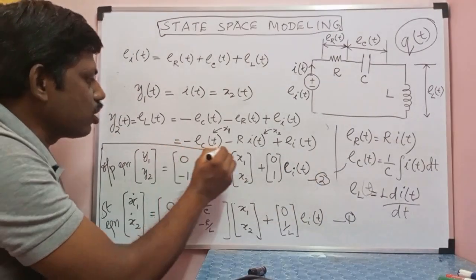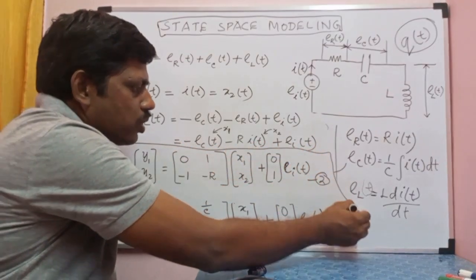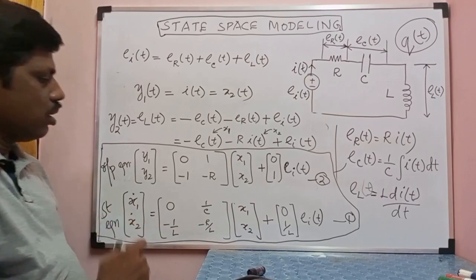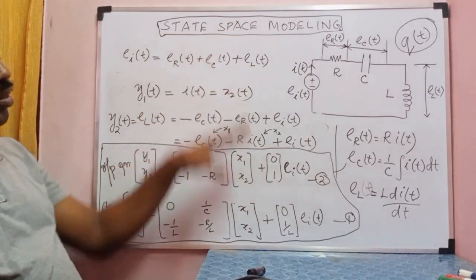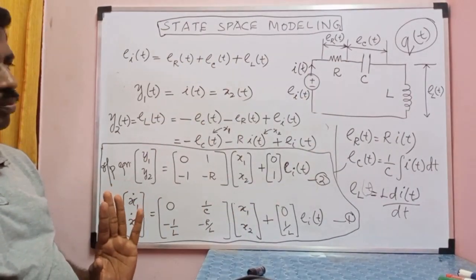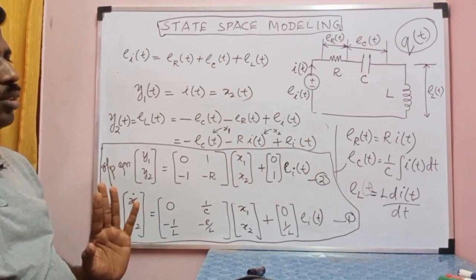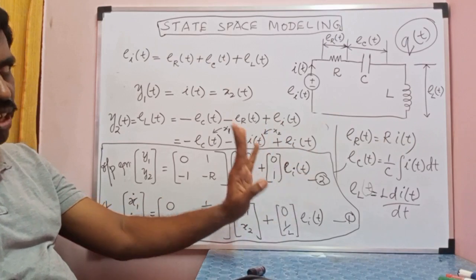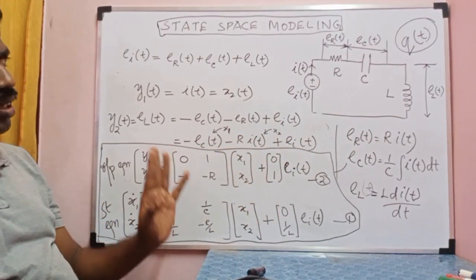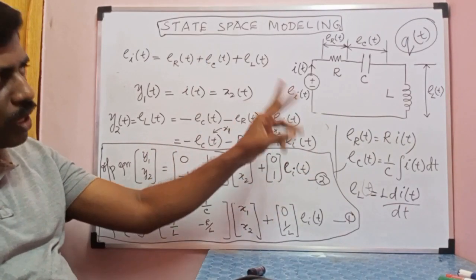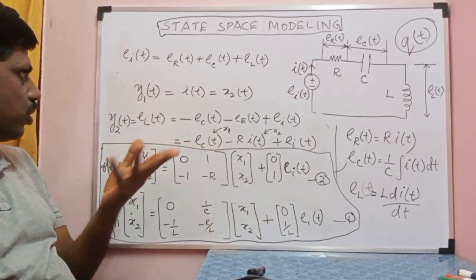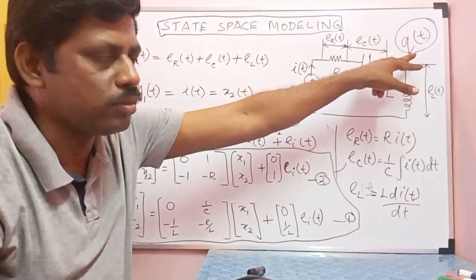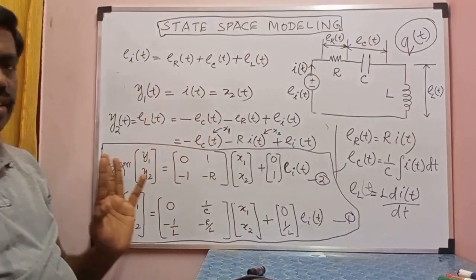This set of equations is what I call the state space model for this electrical system. Please notice the states I have chosen need not be the same. You can very well try choosing other state variables. For example, you can take Q of t and I of t as the state variables.